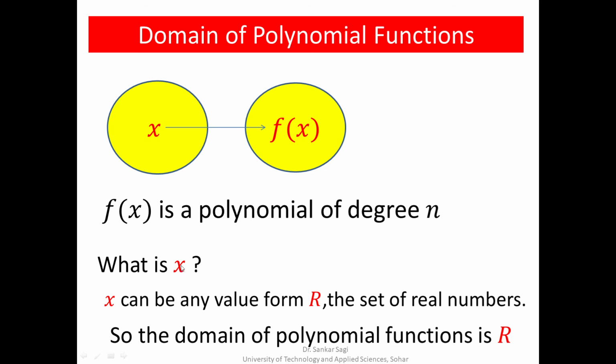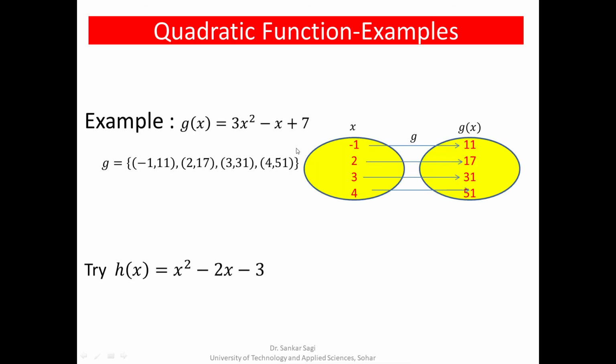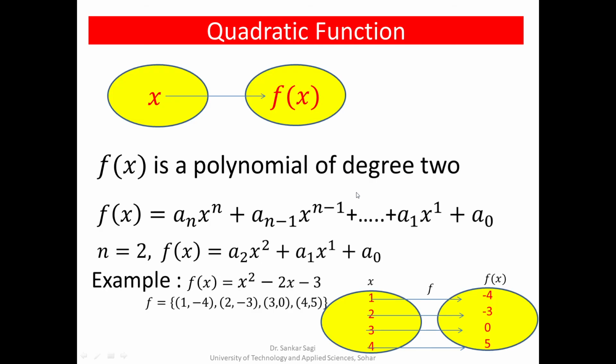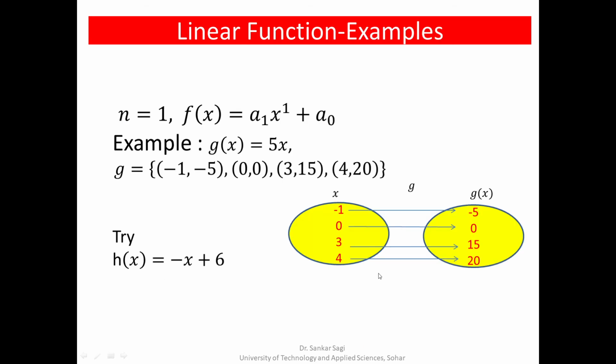In the previous examples, if you observe, I have taken x values -1, 2, 3, 4, so both positive and negative values. And even before, in this example, I have taken all positive values 1, 2, 3, 4. And in the previous example, I have taken the negative value -1, the value 0, thereafter positive values.